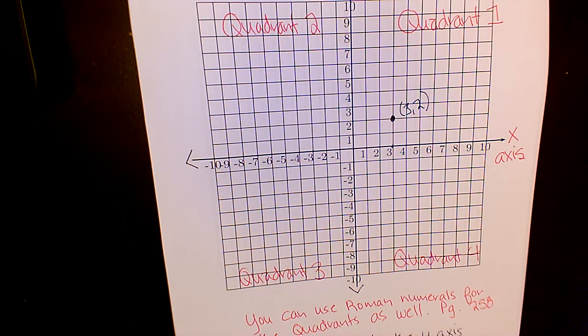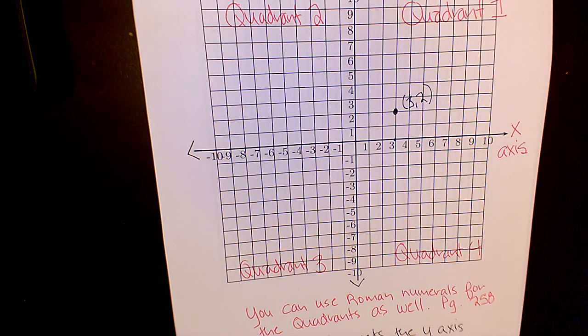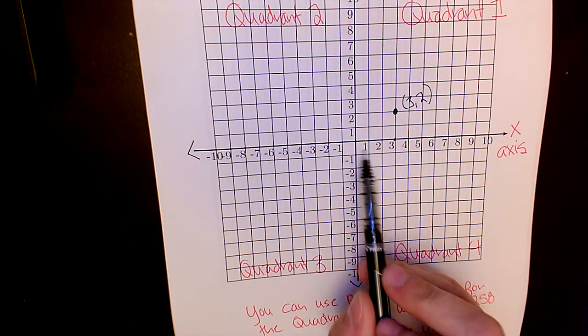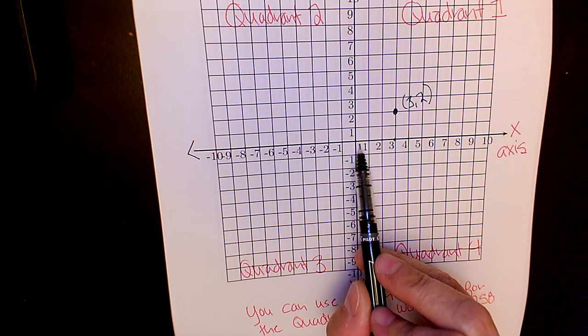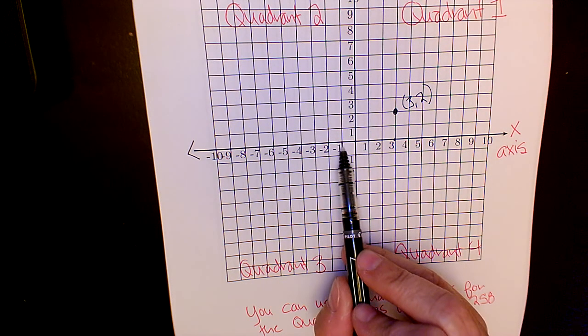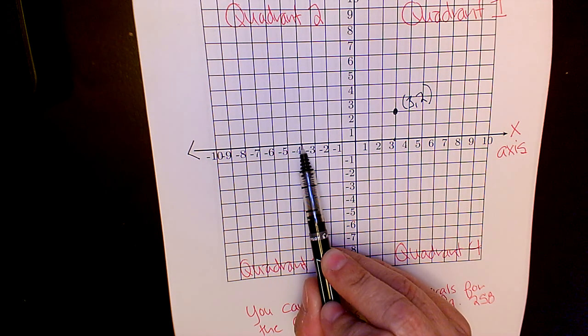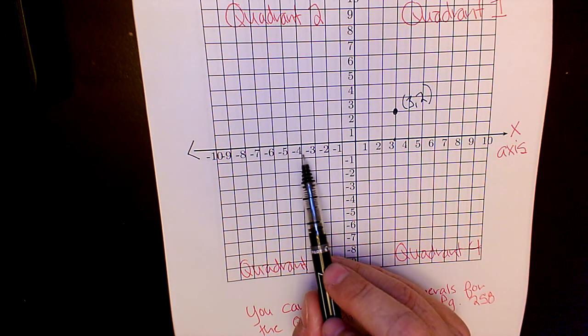Okay, let me graph one more point. How would we graph the point (-4, -5)? Again, I'm starting at the origin, (0, 0). -4 is the first part, so I'm going to go over 1, 2, 3, 4, and because it's negative, I'm going over to the left.